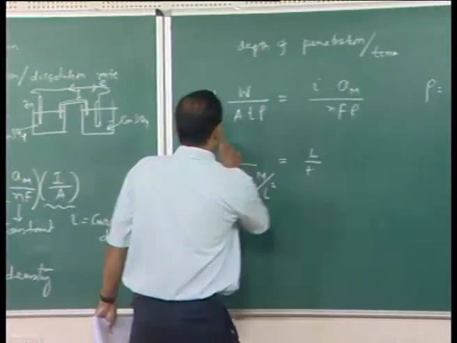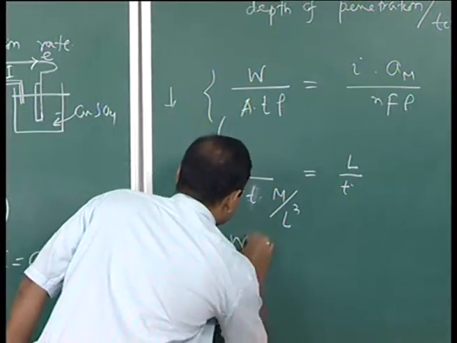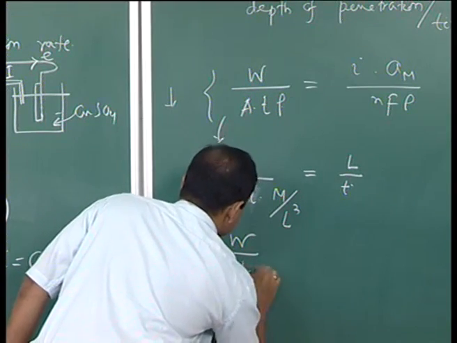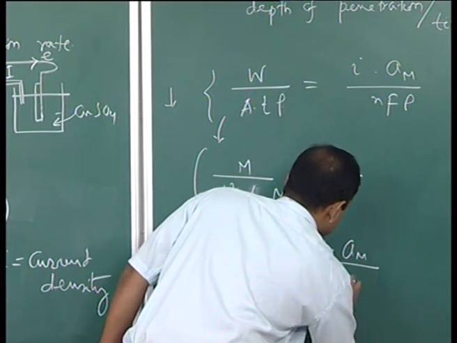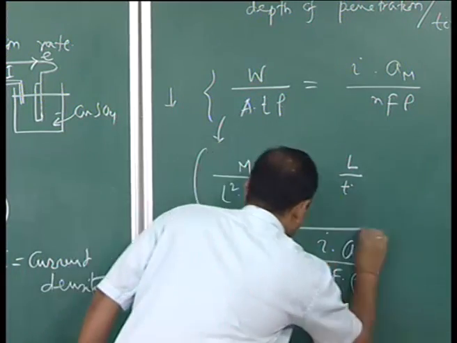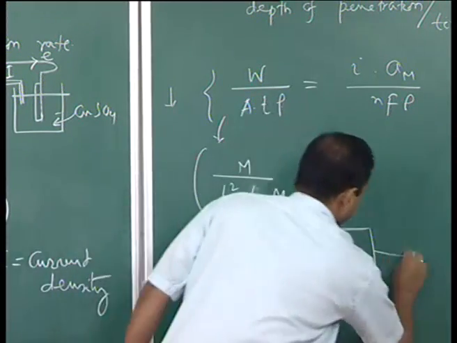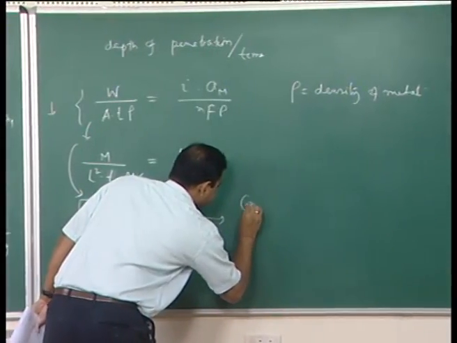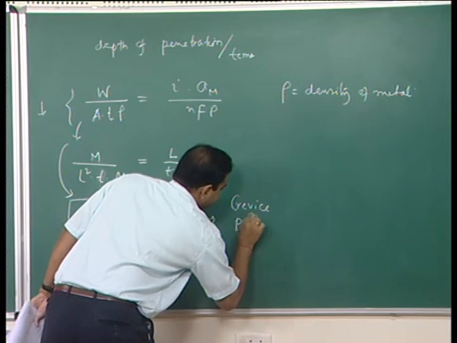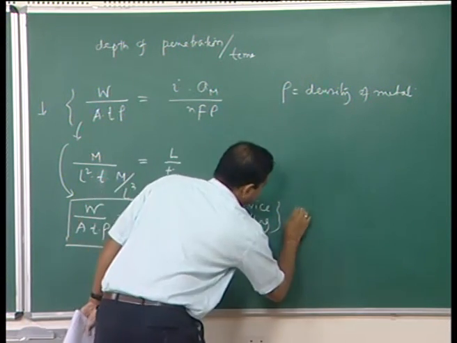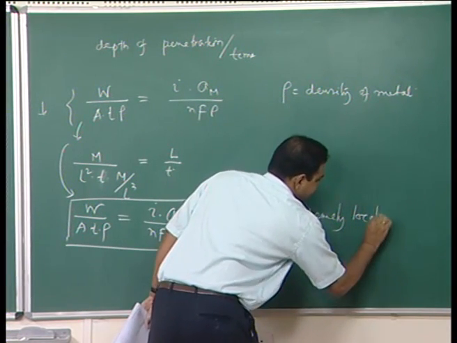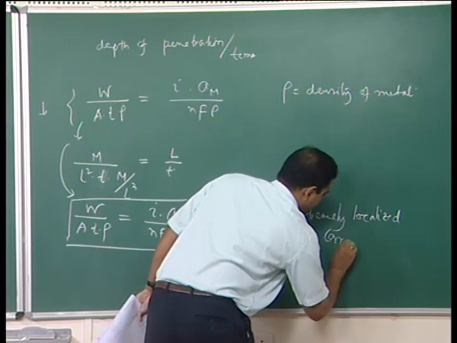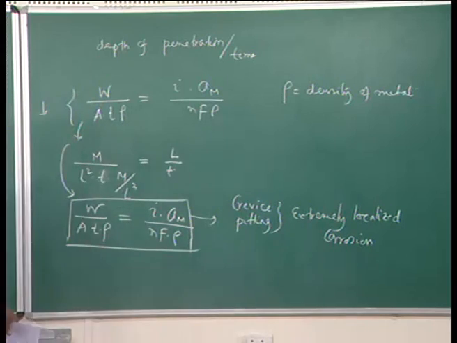So this would be W by A into T into rho, equal to I into AM by NF rho, which is another important relation to express the corrosion rate for crevice or pitting or extremely localized corrosion or dissolution. So, now this is another expression.